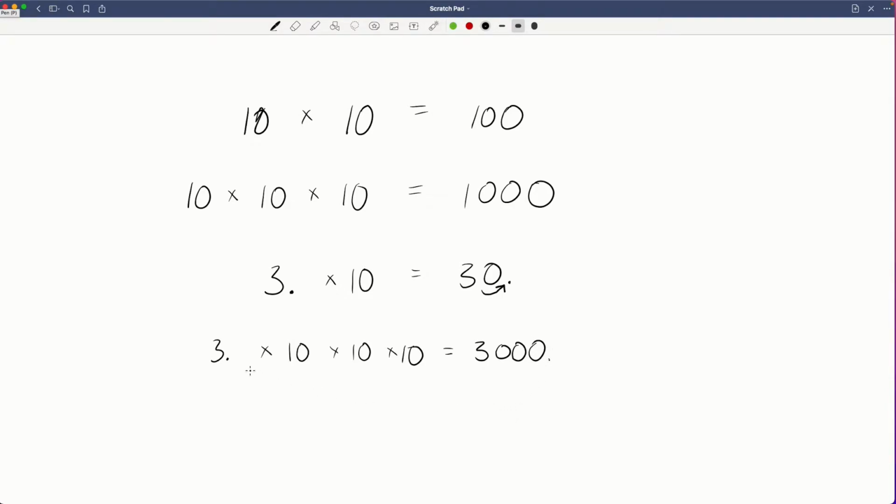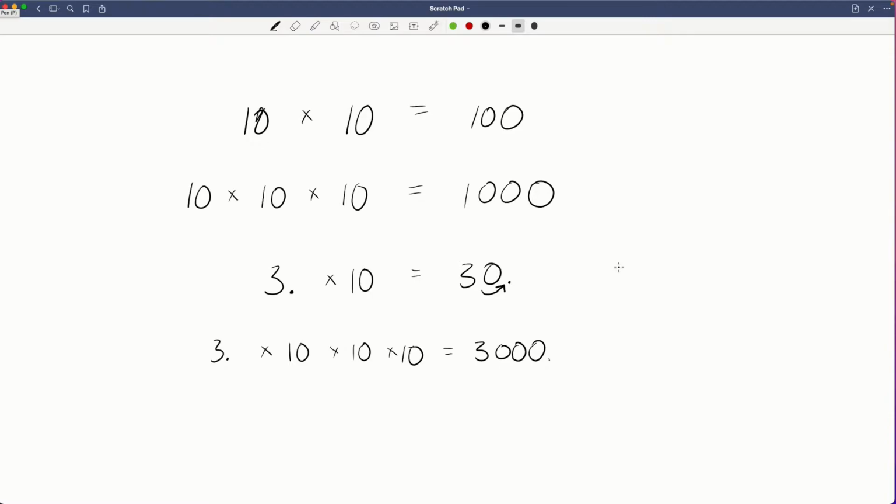So effectively, what you're doing is every time you multiply by a power of 10 or by a 1 with zeros behind it, you use these 3 powers of 10 to move the decimal that many places, okay? So the same is true when we multiply a power of 10 times a decimal number.